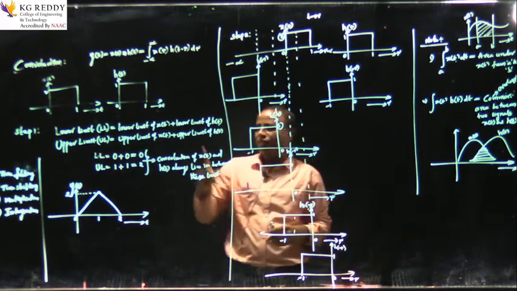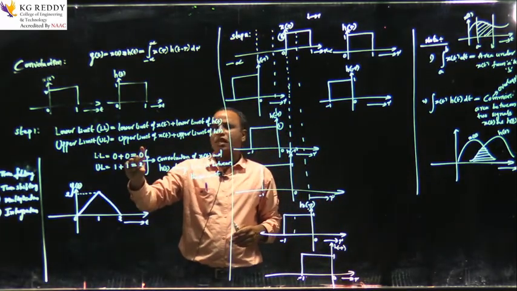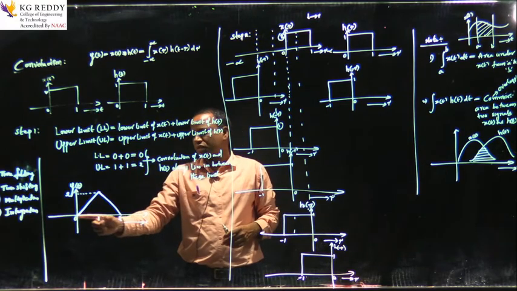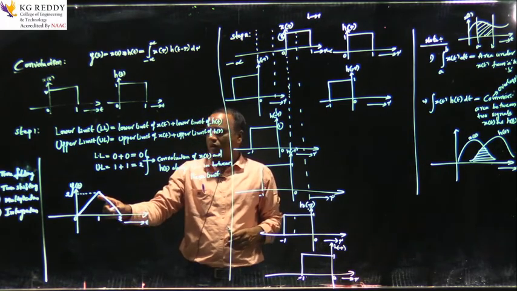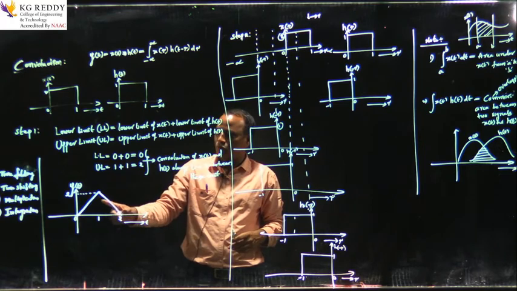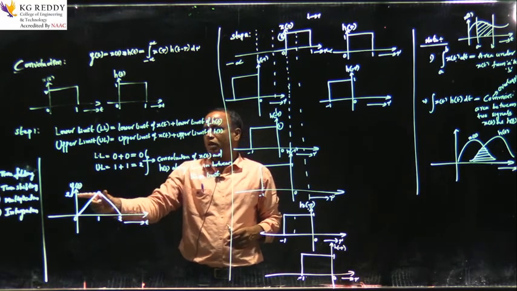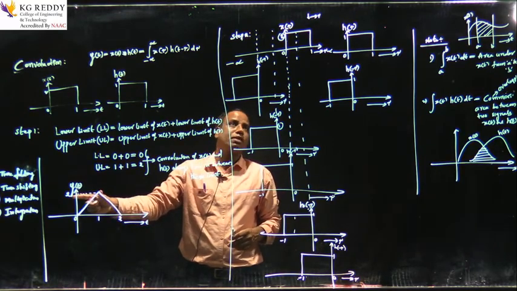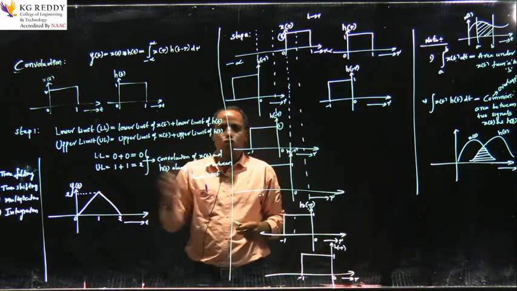So based on step 1, the convolution starts at 0, keeps on increasing to 1, and decreases from 1 to 2, and the product of these two signals is nothing but the amplitude of this signal. 2 into 1 becomes this 2.